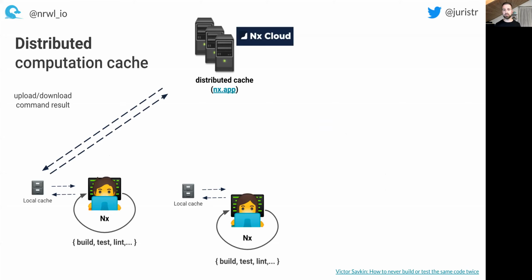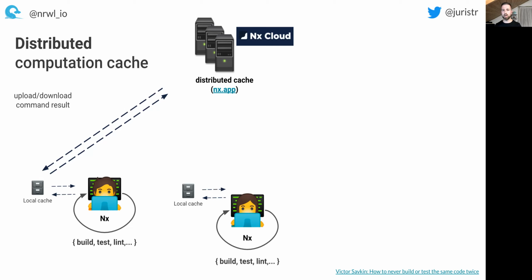And so what NX Cloud does is it takes your local cache and synchronizes it to a central location in the cloud. So basically, if I'm a developer on a team and I executed a couple of tests on our project, like I use one of those affected commands to run all of the tests of a feature branch, in that case, these are cached and uploaded to NX Cloud.